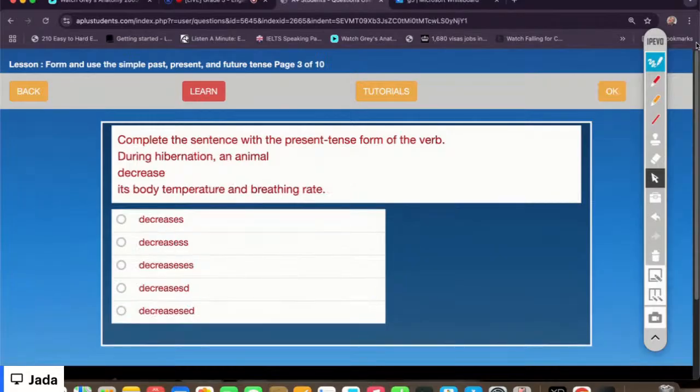All right, so we have what? Present tense as well. During hibernation, an animal decreases its body temperature and breathing rate.